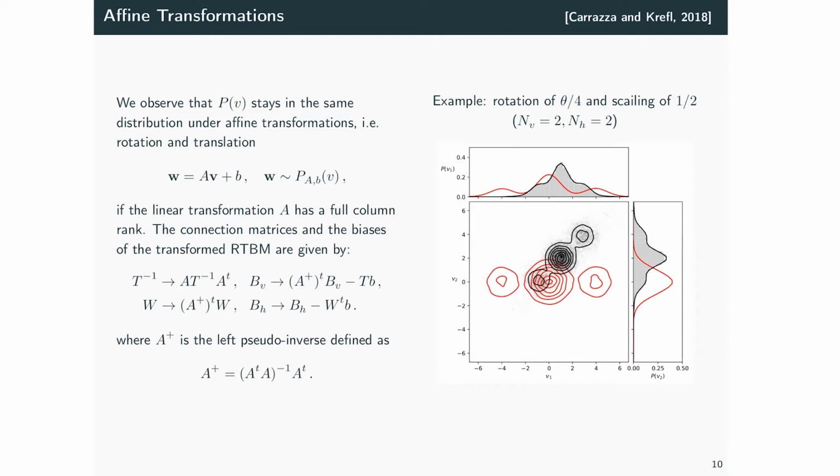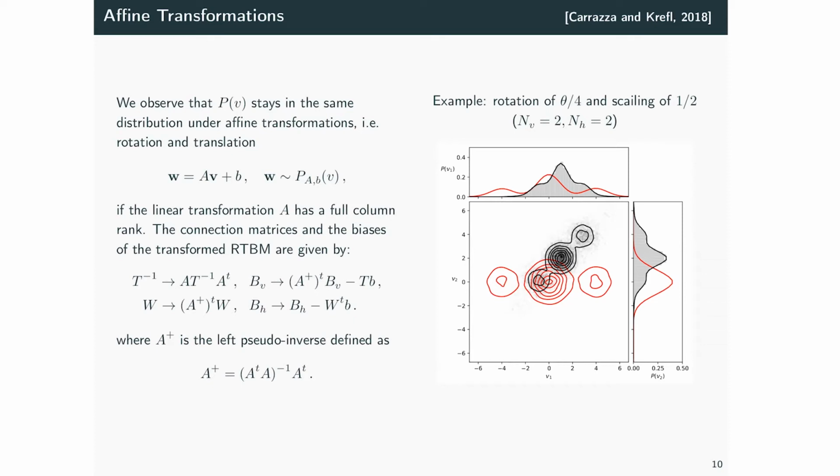And here I show you in practice how this can work. We have this RTBM in red, which is first trained to estimate this multivariate Gaussian function. And then we are simply applying a rotation of 45 degrees and a scaling factor of 1/2. This could be very useful because there are a lot of affine transformations that are quite useful in machine learning, for example PCA.